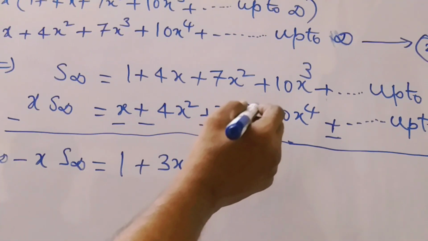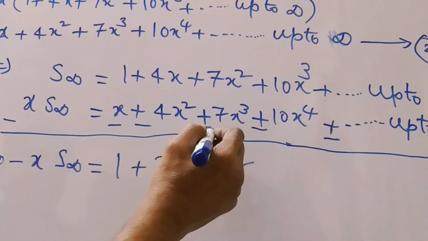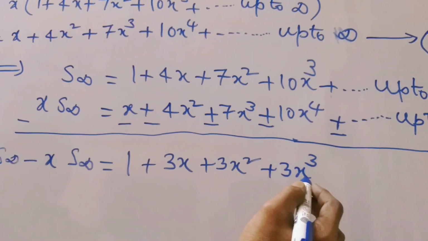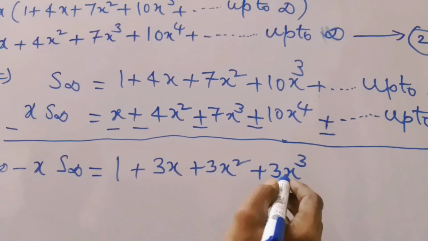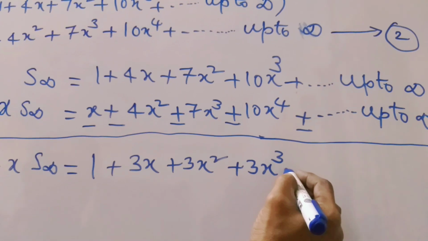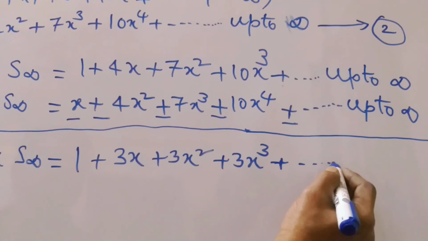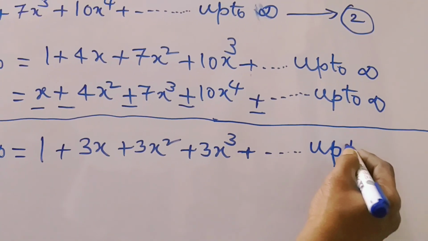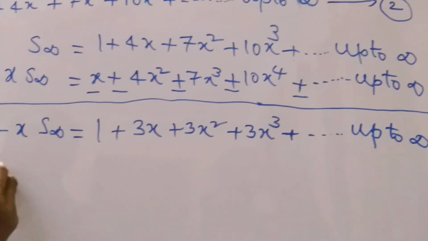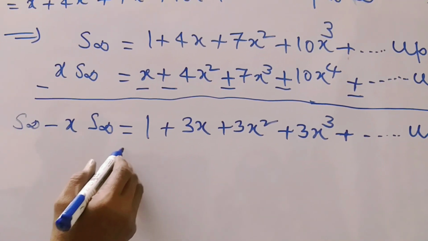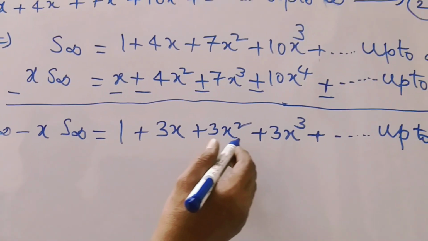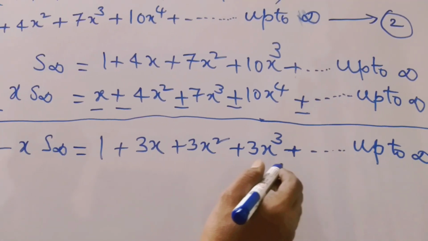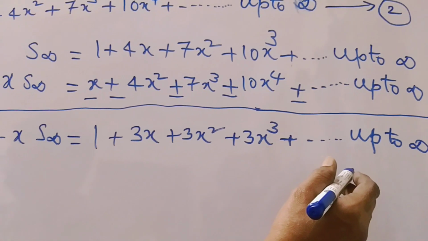Here plus 10x cube minus 7x cube becomes plus 3x cube, and so on up to infinity. So S infinity minus x S infinity is equal to 1 plus 3x plus 3x square plus 3x cube plus 3x to the power of 4 plus and so on up to infinity.